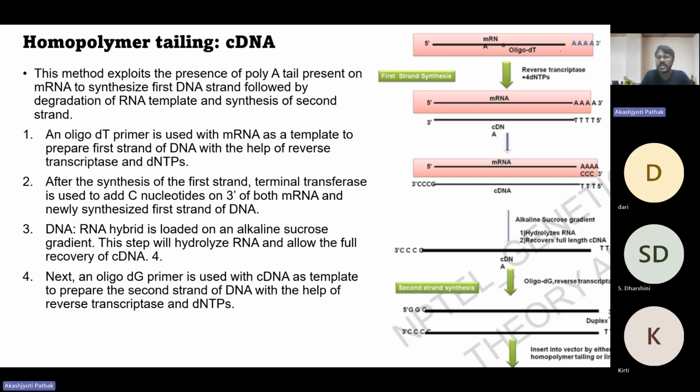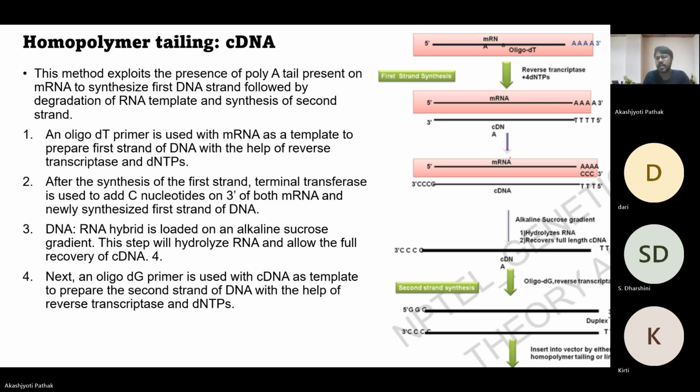Because this mRNA has a poly A tail and you want to synthesize a cDNA from this mRNA, what is done is we take an oligo dT primer, reverse transcriptase, and the four different dNTPs: dATP, dGTP, dCTP, dTTP. And then what will happen? Once you take this reverse transcriptase, it will use this oligo dT primer and extend in the 5 prime to 3 prime direction, and you will get a new DNA strand.